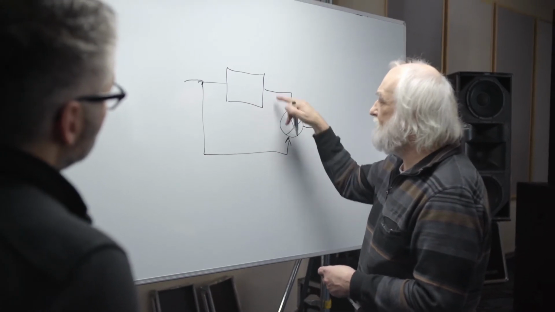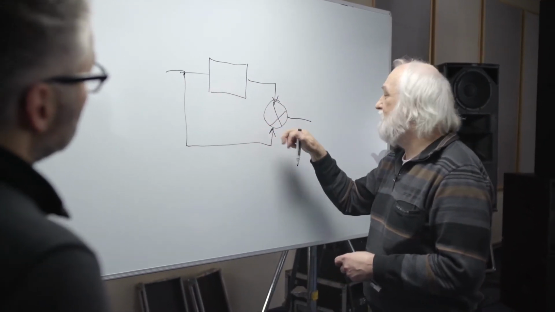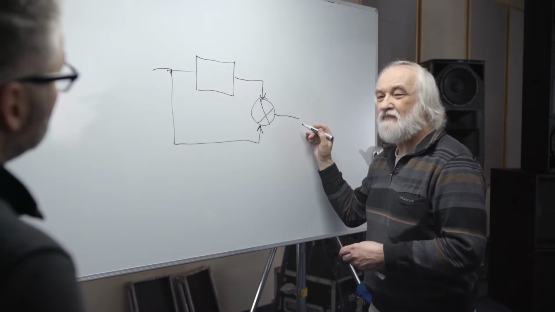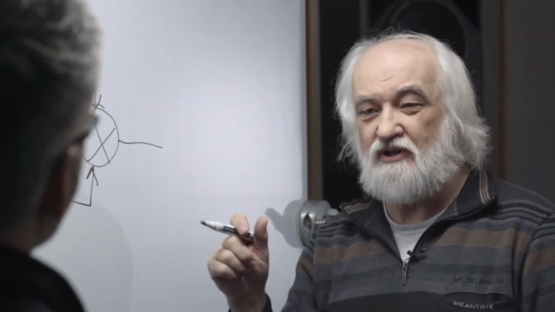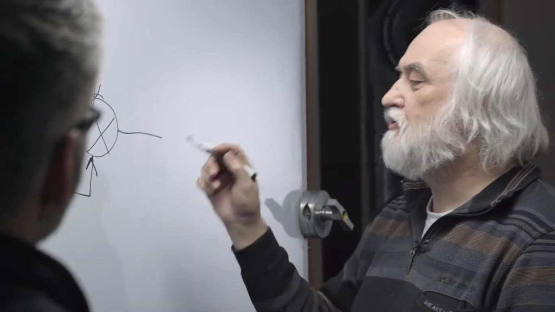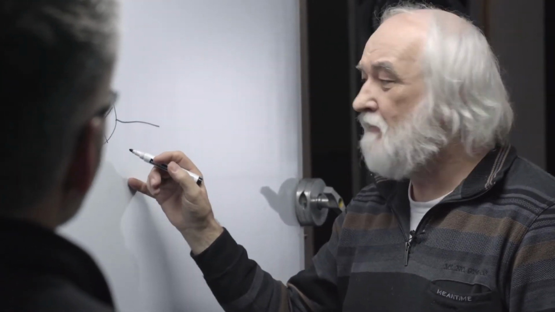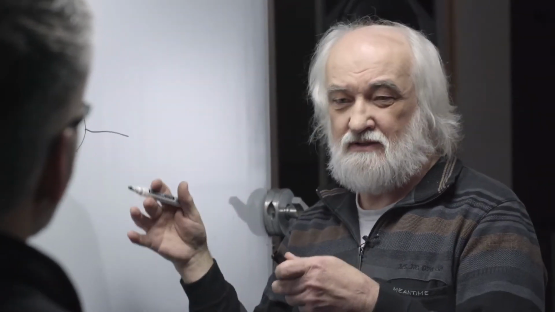The difference between those two signals is the distortion. This is the only way we can measure total distortion. We are not talking about THD, total harmonic distortion. We're talking about total distortion, and that gives us real information about the distortion.